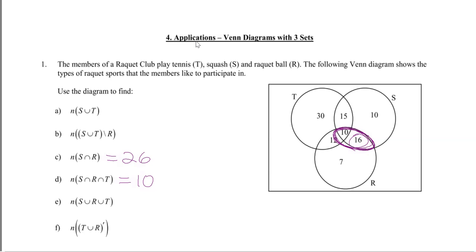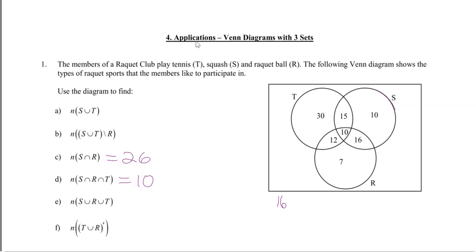So the 16, right, would be only S intersects R. Just the intersection of them, not S and R. So S and R is in the squash circle, they're in the racquetball circle, so in both, which is both of these guys. Okay, so the 16 would be only squash and racquetball, but not tennis.